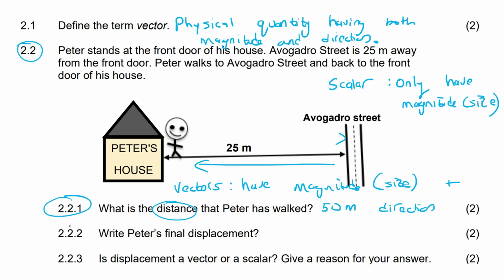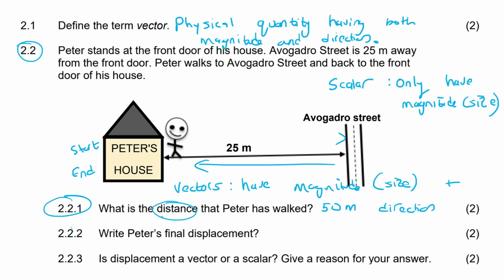But in the next question, they say, what is Peter's displacement? Now, here's where things get interesting. We've learned that with displacement, you have to be careful. You must look at the starting position. So where was the starting position? Well, the starting position is Peter's house. Where's the ending position? It's not here, by the way. It is also over here.